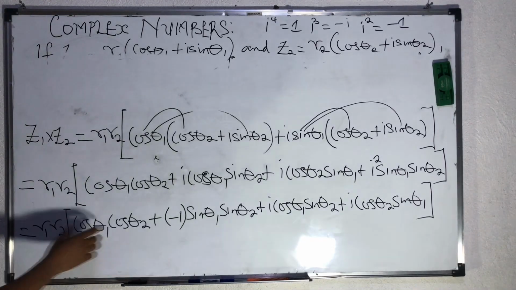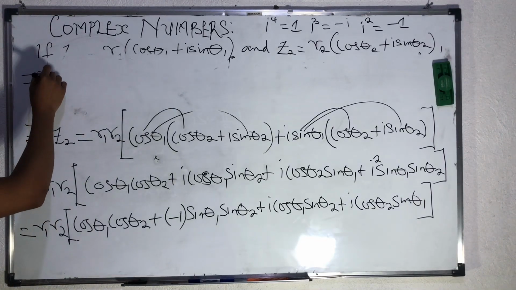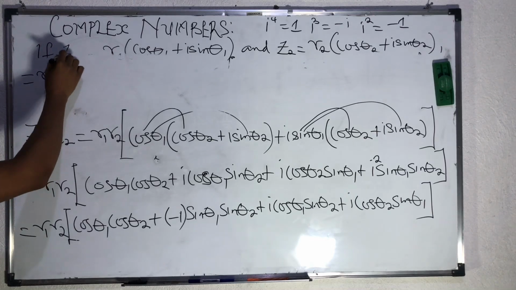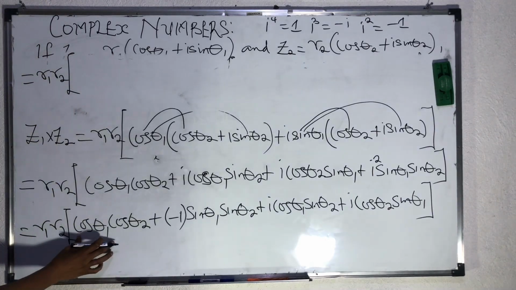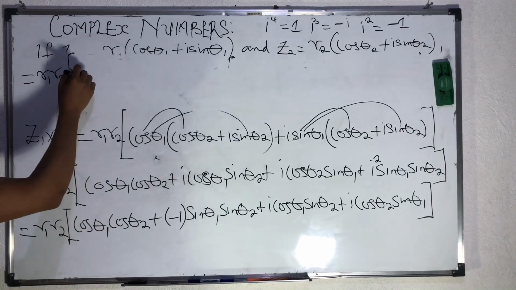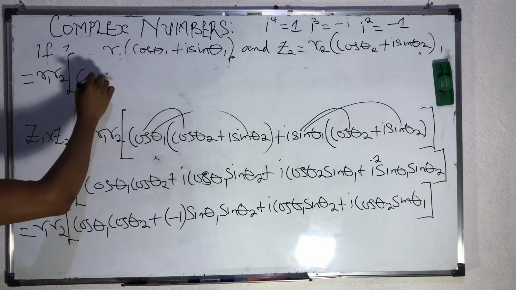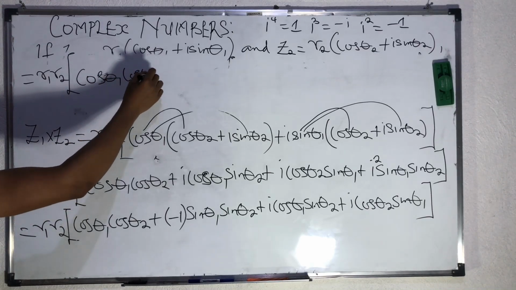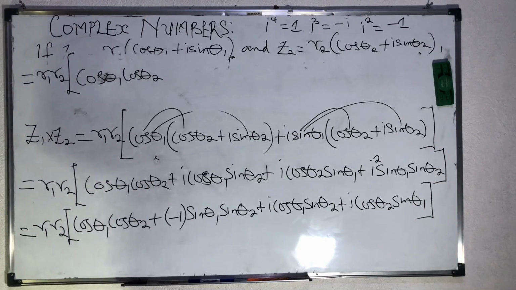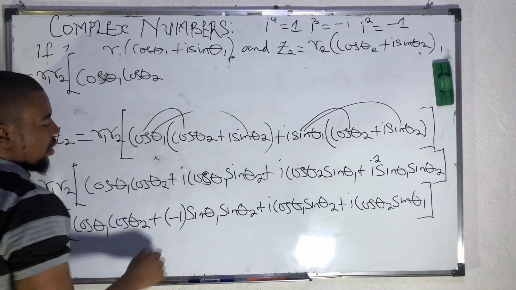Let me simplify this part. This is equal to r1 times r sub 2 multiplied by, here we have cos theta 1 cos theta 2. We copy it down, cos theta 1 cos theta 2. Now, here we have a negative 1. This negative 1 is going to multiply everything here.